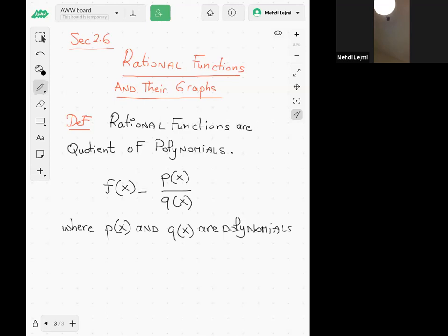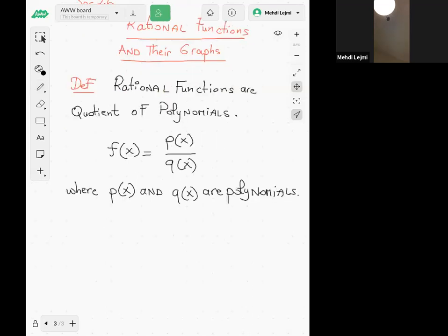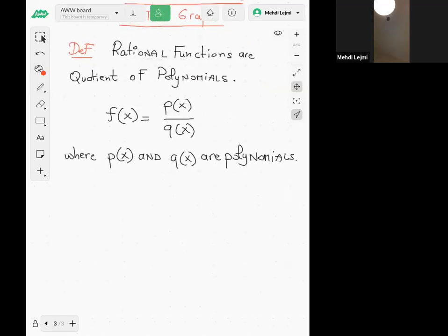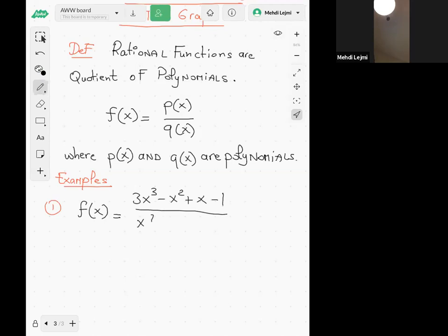So for example, examples of rational functions. Take f of x, as I said, just a polynomial on the top. For example, 3x cubed minus x squared plus x minus 1 over, let's say, x to the power 7 minus x to the power 5 plus 3x cubed minus 2.